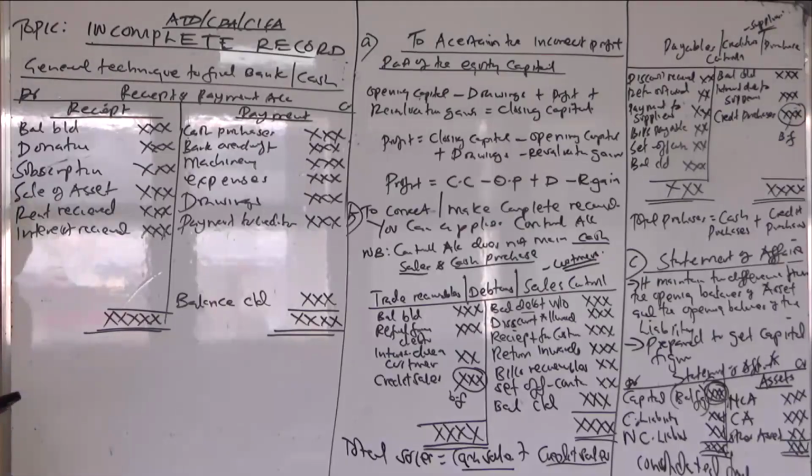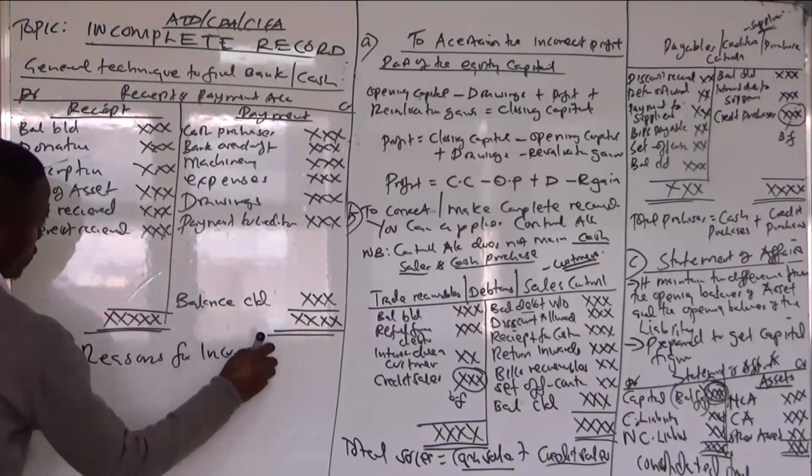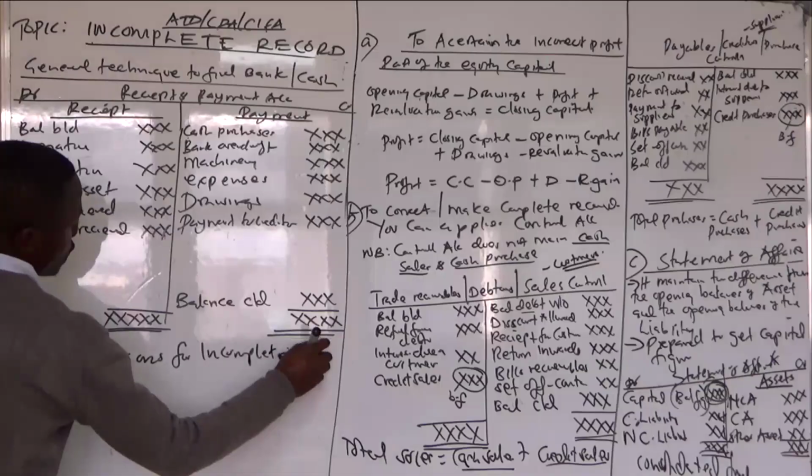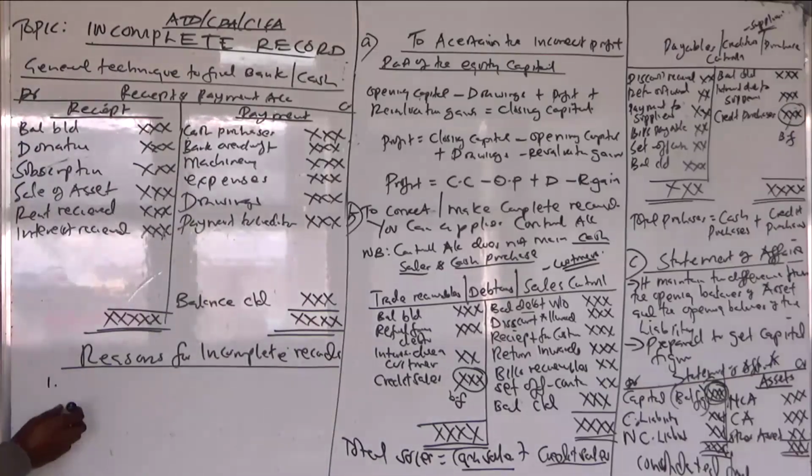So maybe reasons for incomplete records. Reason for incomplete records, number 1, lack of accounting skills.